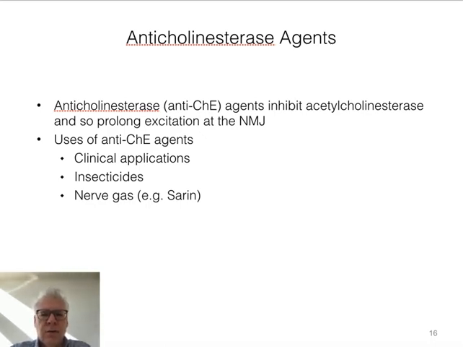So if the concentrations are very large, you will not be able to relax the muscle anymore, and the muscle will essentially remain in a cramping state, killing the bugs. This is also being used in some nerve gases, for instance sarin.